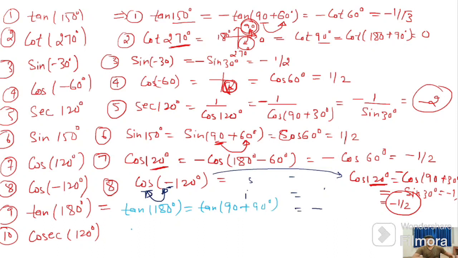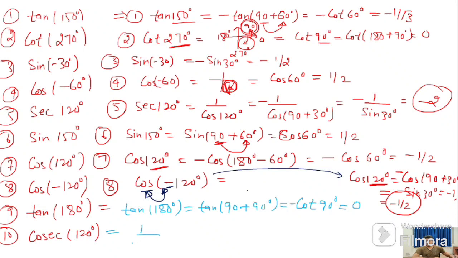So tan of 90 plus will be converted into cot. 90 plus means second quadrant. In the second quadrant tan will be negative, and cot 90 degrees will be 0.